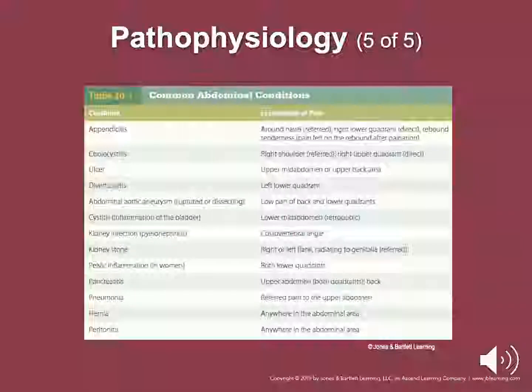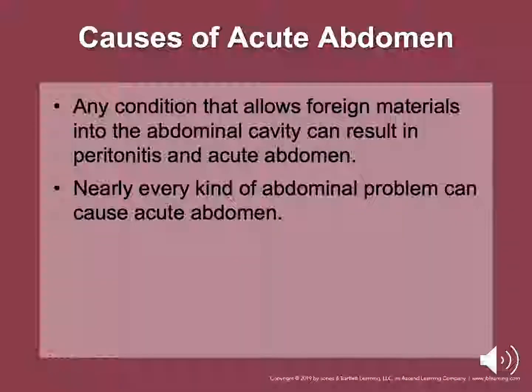So this chart is going to show any condition that allows foreign materials into the abdominal cavity can result in peritonitis and acute abdomen. Nearly every kind of abdominal problem can cause acute abdomen.